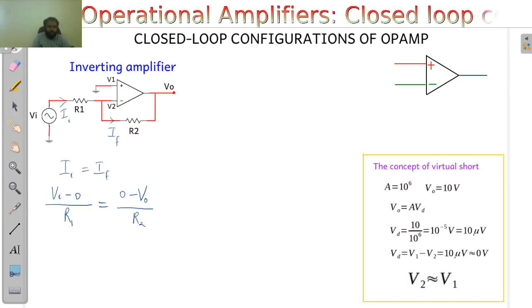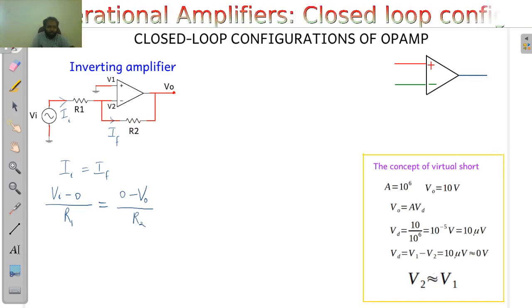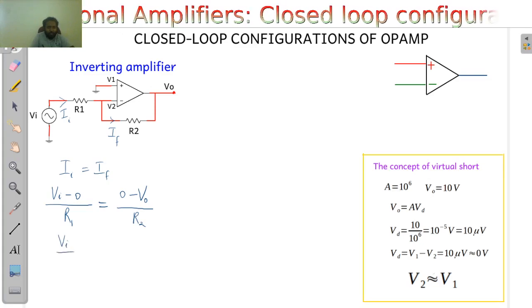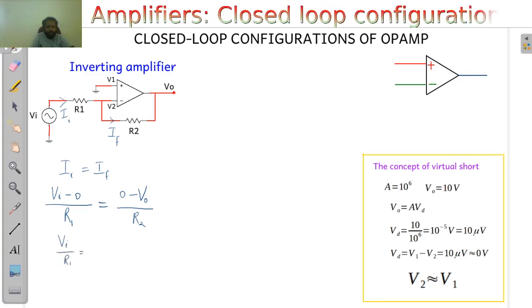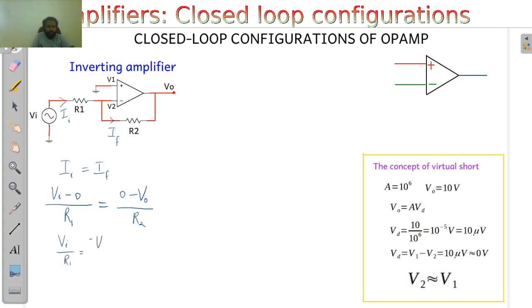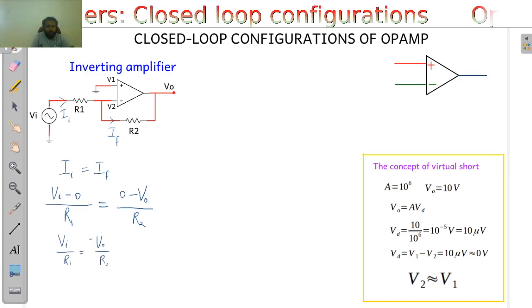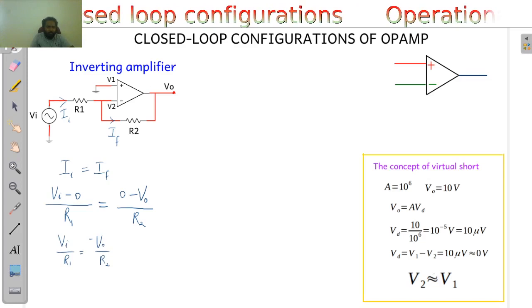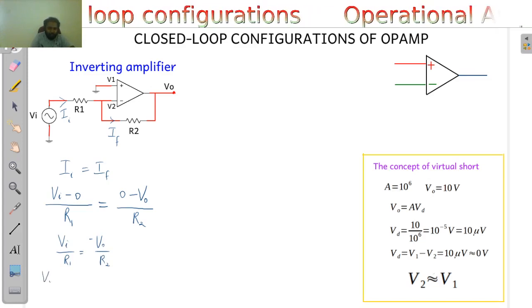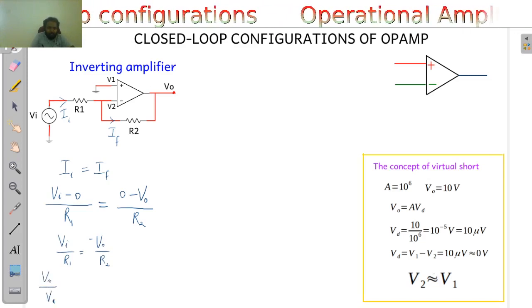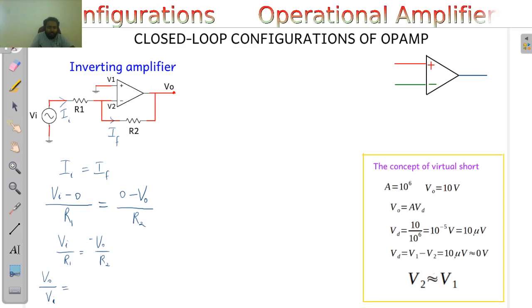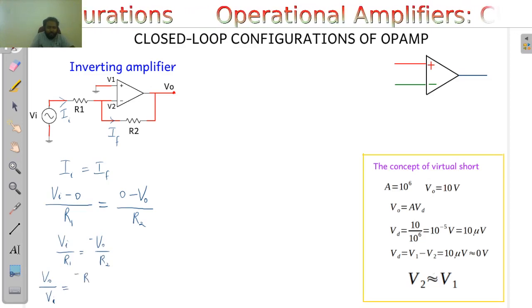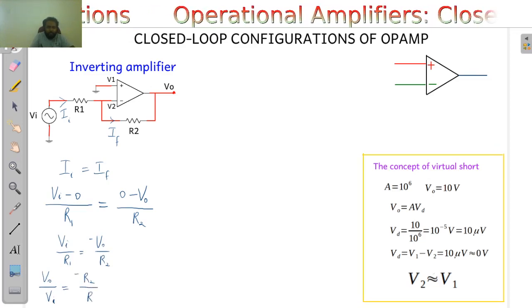And what is VI by R1? It becomes VI by R1 minus VO by R2. So let us take VI and VO to one side. So it will be looking like this: VO divided by VI is equal to minus R2 by R1.